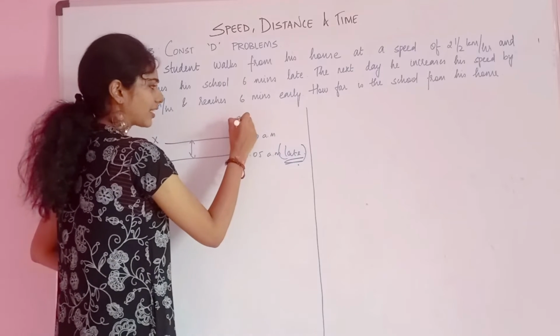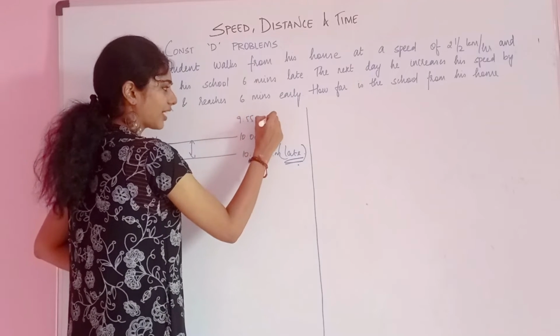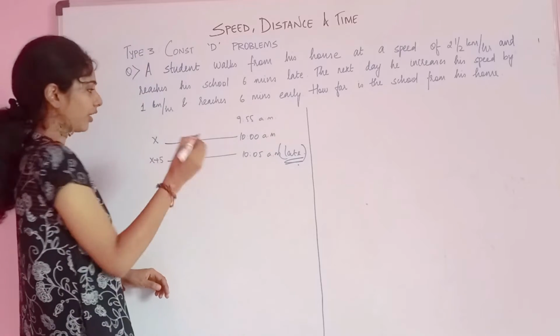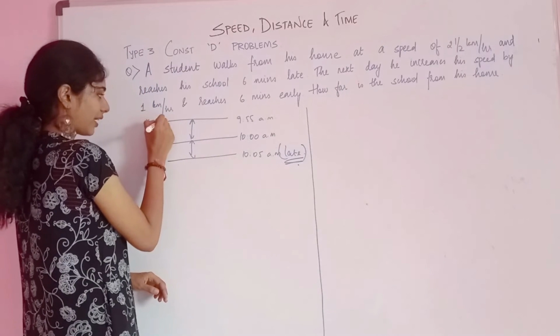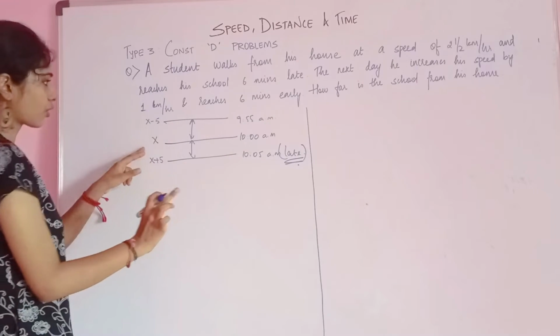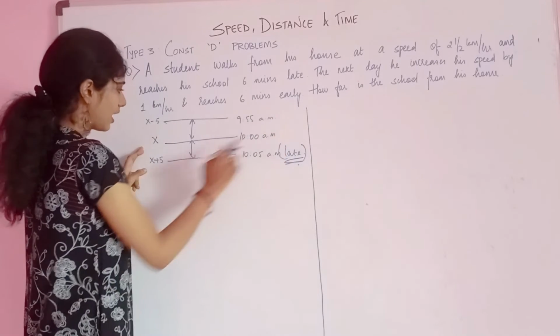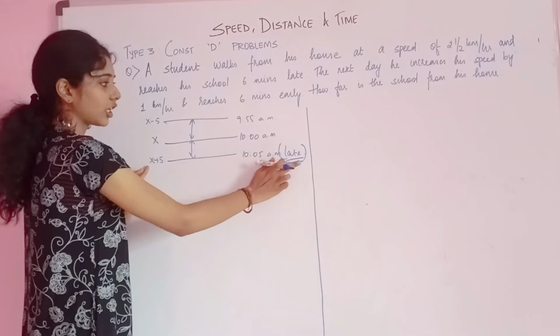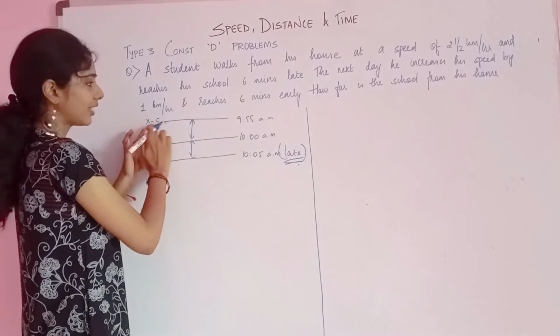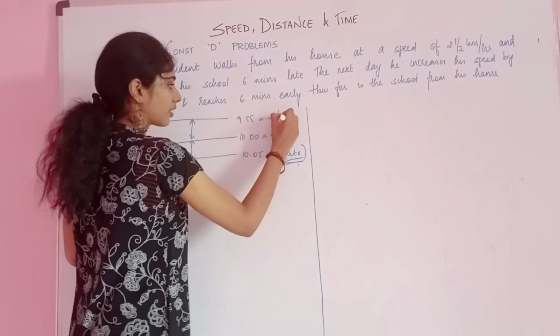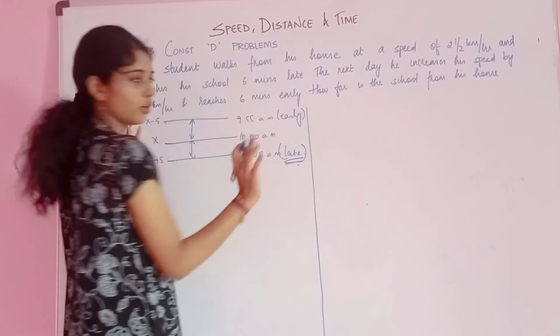If at all I reach the school at 9:55 a.m. itself, what does it mean? I'm 5 minutes early. So it is x minus 5. So the destined time is said to be x. If you reach at a time x plus 5, you are late by 5 minutes. If you reach at x minus 5, then you are early by 5 minutes. Right? Fine? No more doubt?